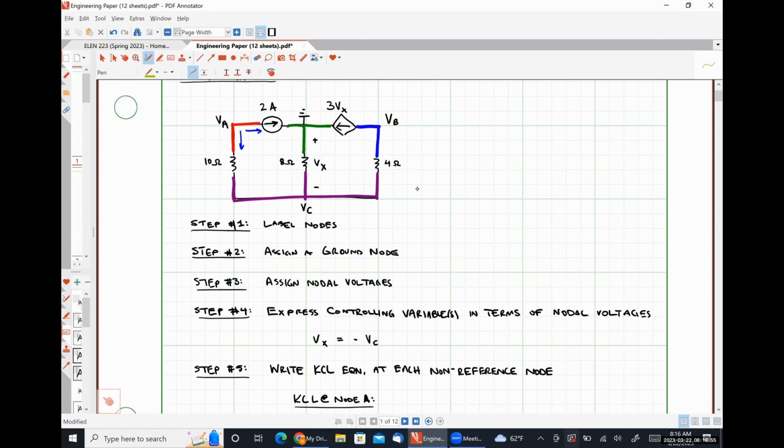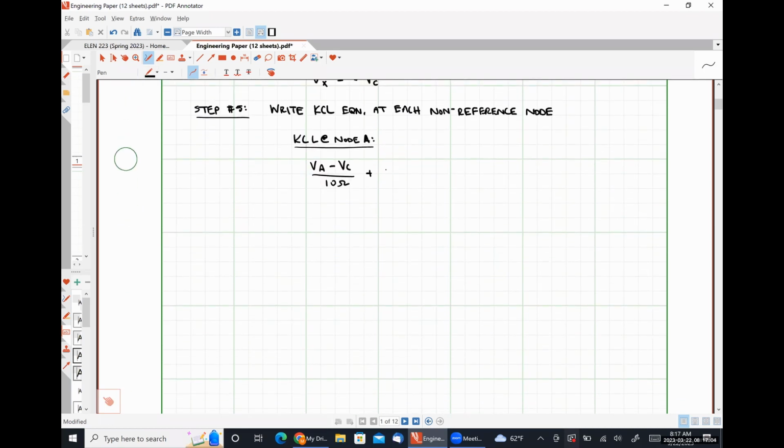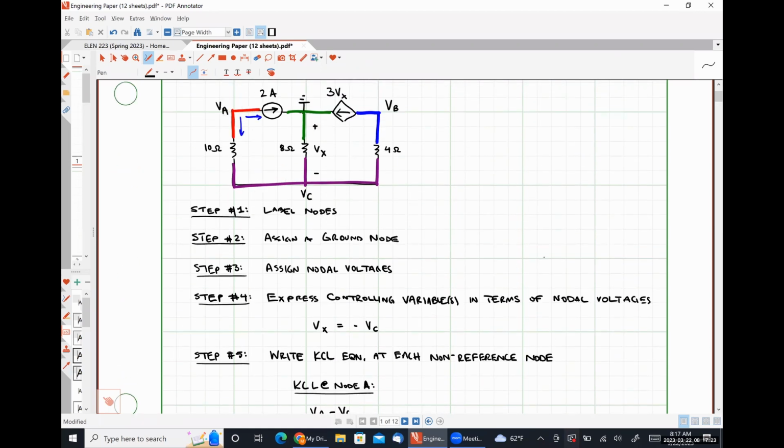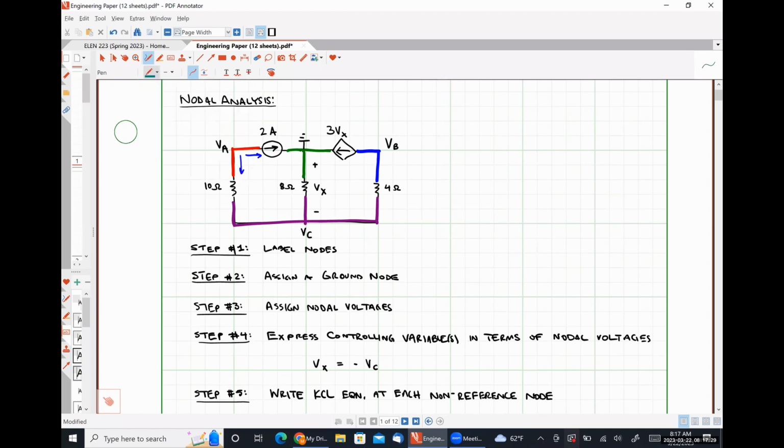Now I have to add to this the current flowing to the right through the 2 amp source, which is simply 2 amps. And set this equal to 0. Now we'll perform Kirchhoff's current law at node B. So that's going to be these two currents added together.